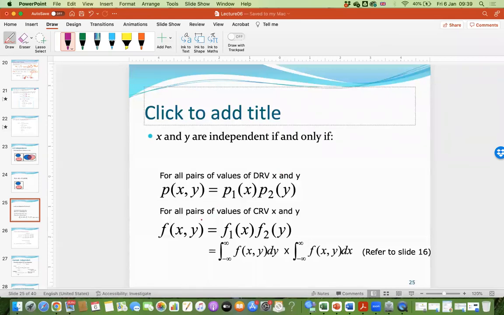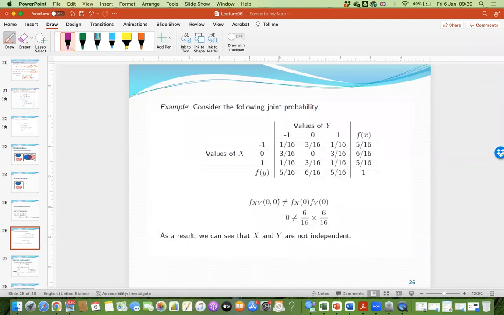Right. So let's have a look at some examples, I think that will be easier for you. This is the easiest way for you to check whether your variables are independent or not. For example, in this slide, I would like to find P(X=0, Y=0), and then I find the marginals.